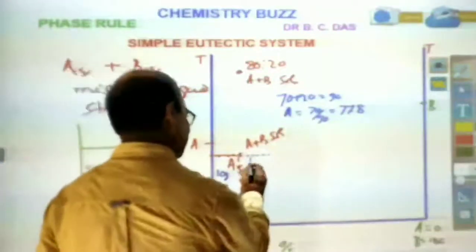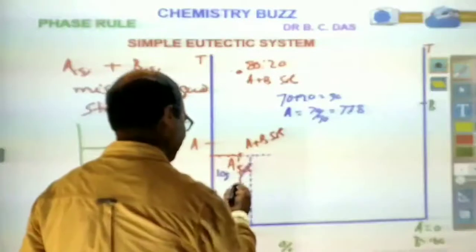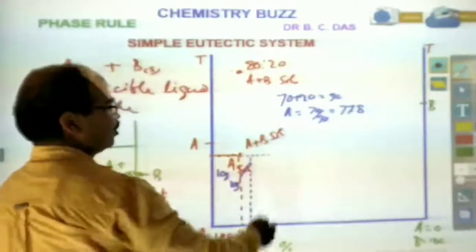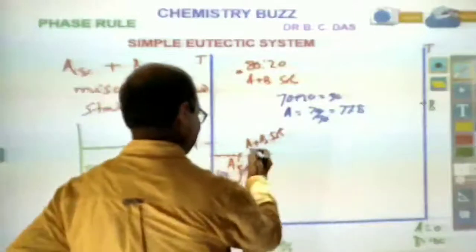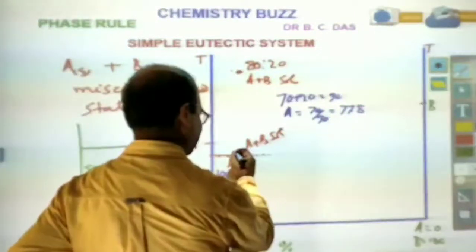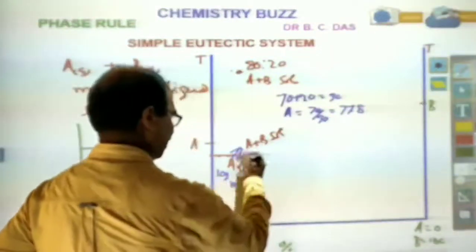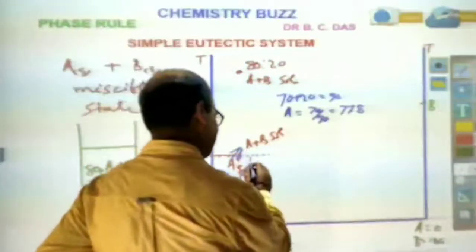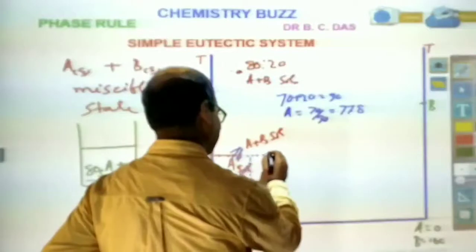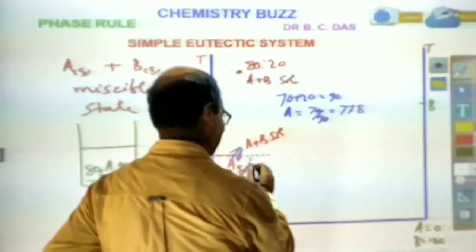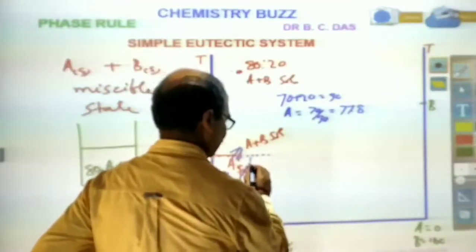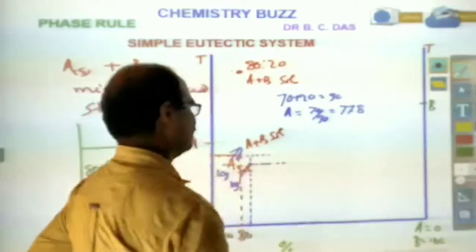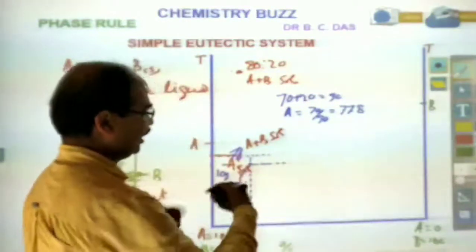Say at this temperature again, 10 gram of A separates out. At this temperature there is equilibrium between solid A and solution. So the composition of the solution again changes.